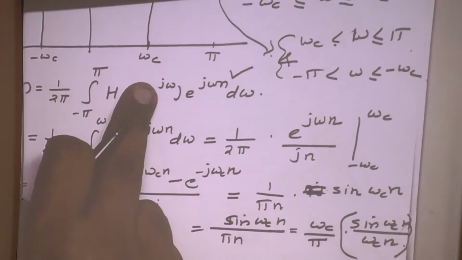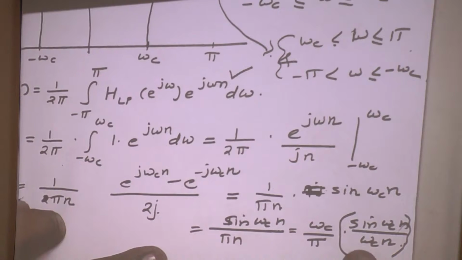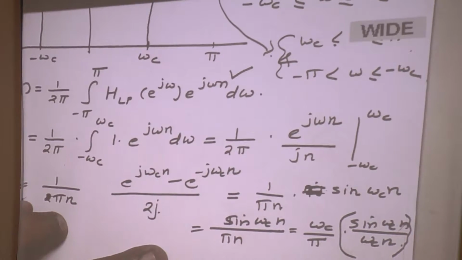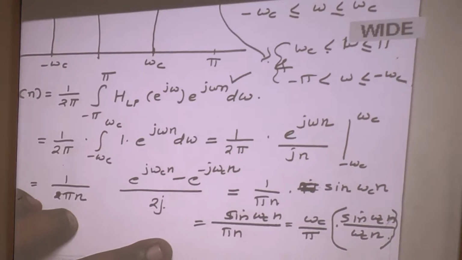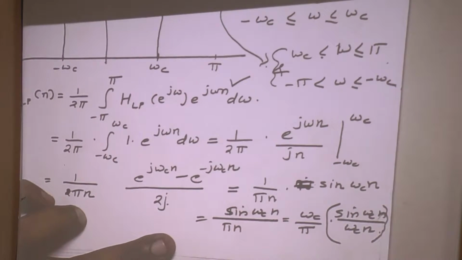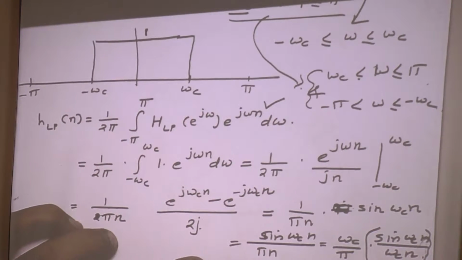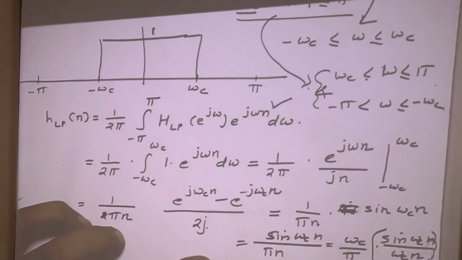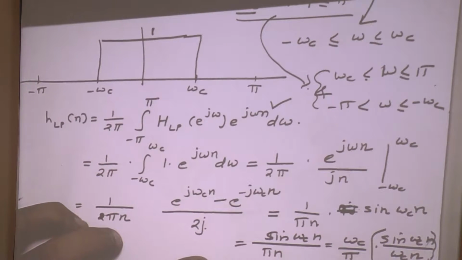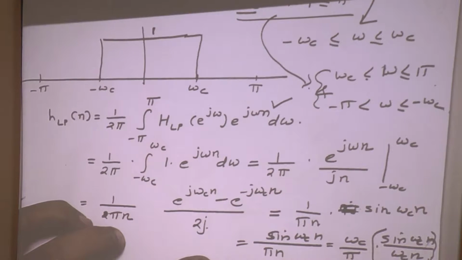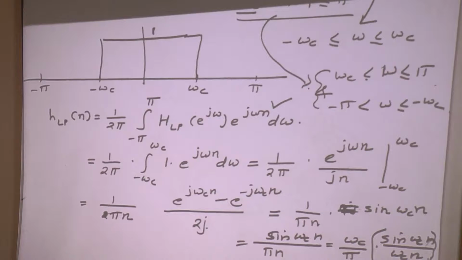Using that, we have found out the sequence for which this is the Fourier transform. All right. Is it okay?